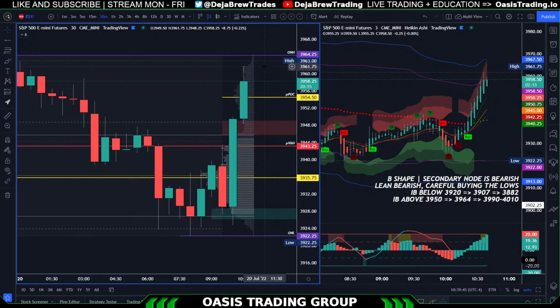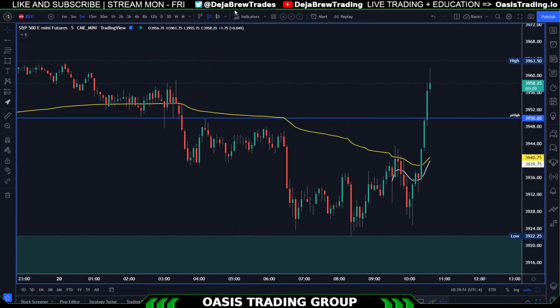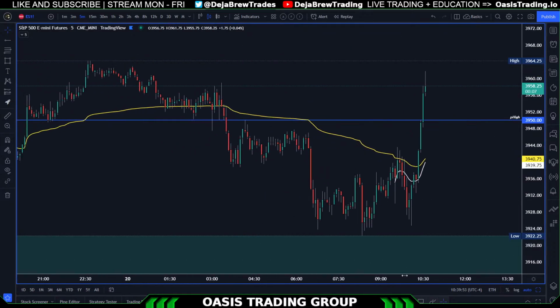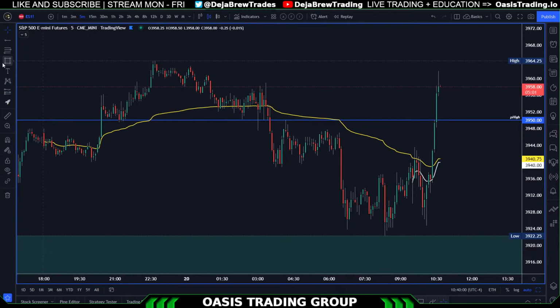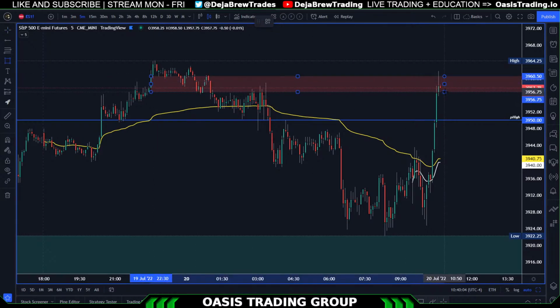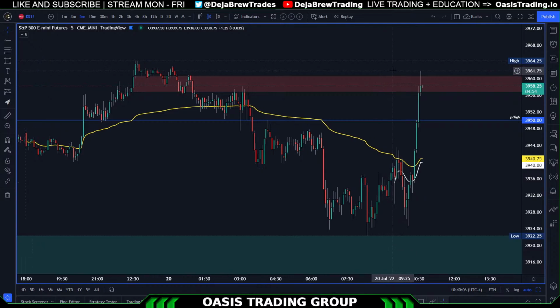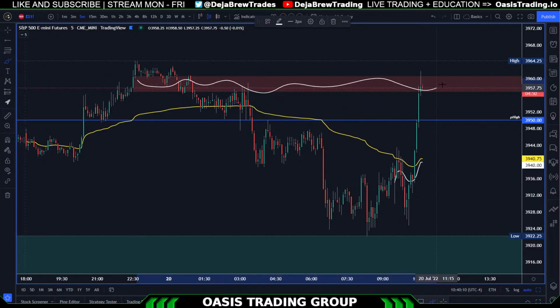Okay, so that node that we're building up here at 62 is definitely starting to show as resistance, so be a little careful on that. We have a little bit of a 5-minute zone here. We didn't find this morning because it wasn't a 30-minute zone. We typically look for 30-minute zones. We do have a little zone here on the 5 minutes, so be careful. You do have a small resistance right here.